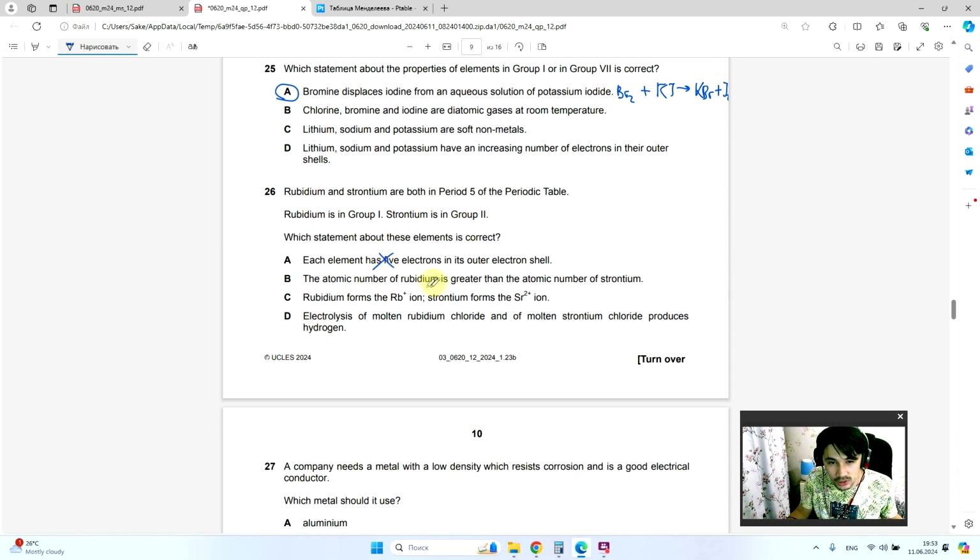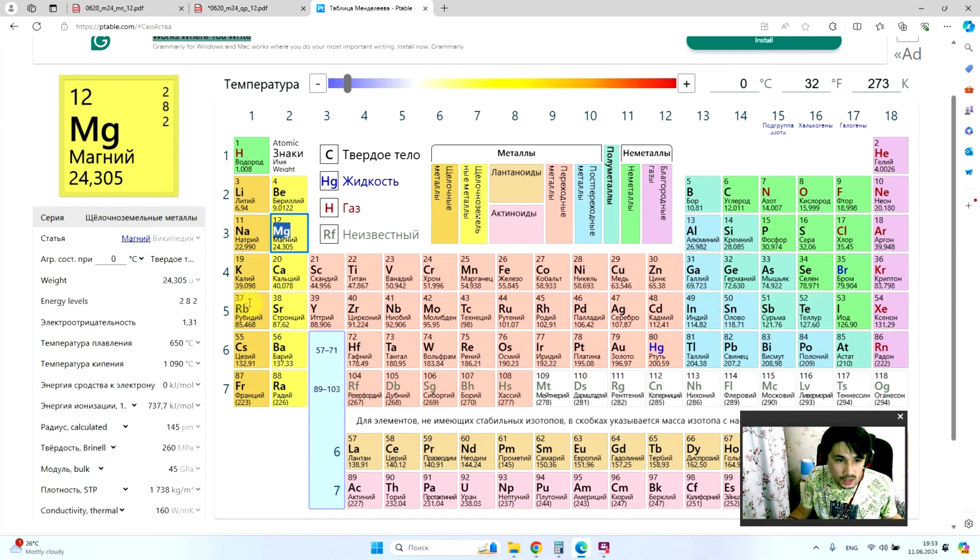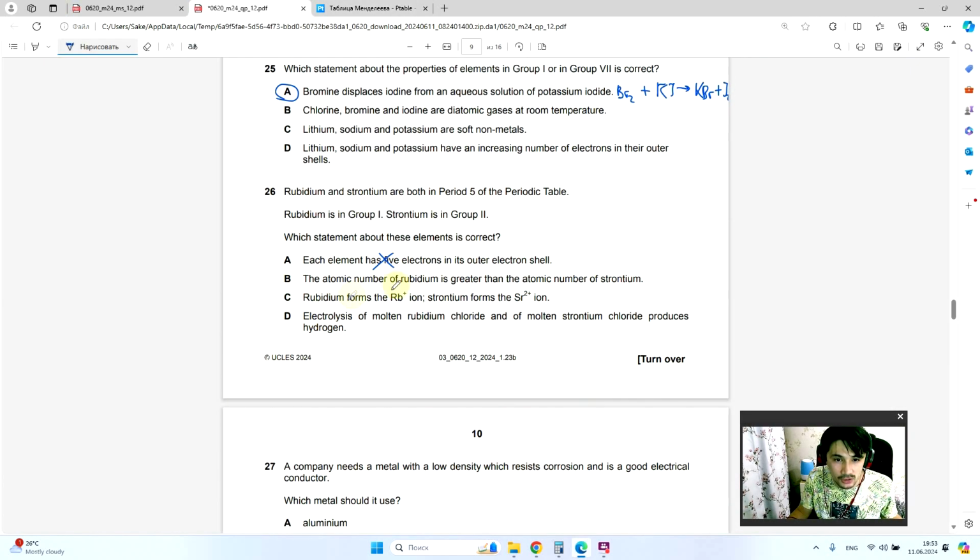The atomic number of rubidium is greater than the atomic number of strontium. The atomic number is the number of protons, and strontium has a greater atomic number than rubidium, so it's against, it's not correct. Rubidium forms rubidium plus ions and strontium forms strontium 2 plus ions.